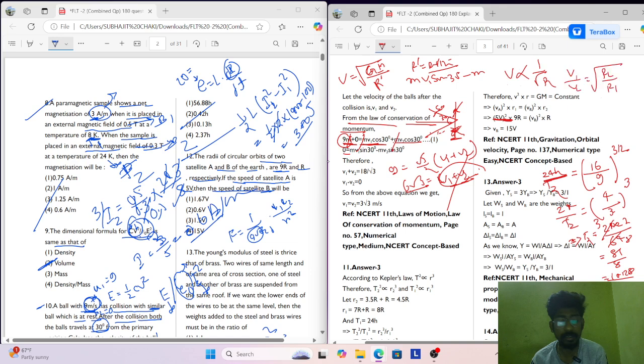So V1 is what? V1 is 5v. We have to calculate this V2. And what is R2? R2 is R plus R means 2R. This is 10R. R will cancel out. 2 by 10 is 5. Okay, so V2 will be equal to 5 root 5 v.